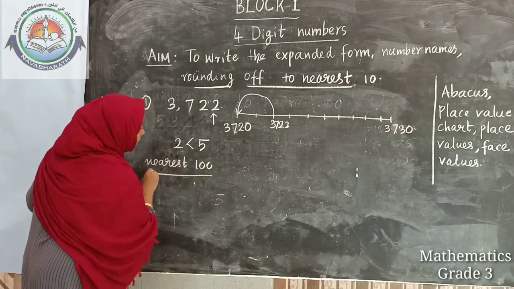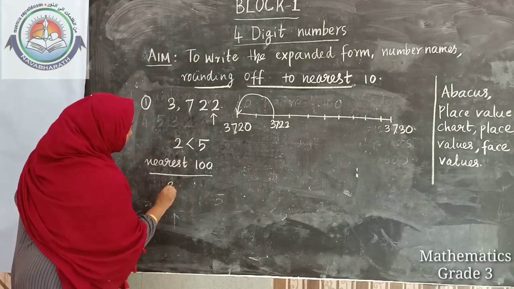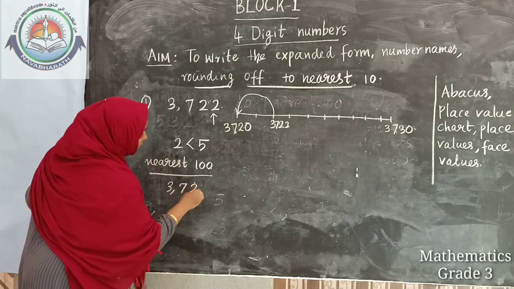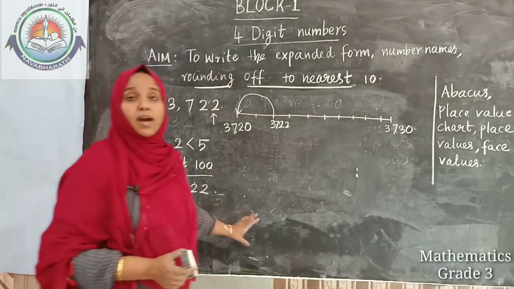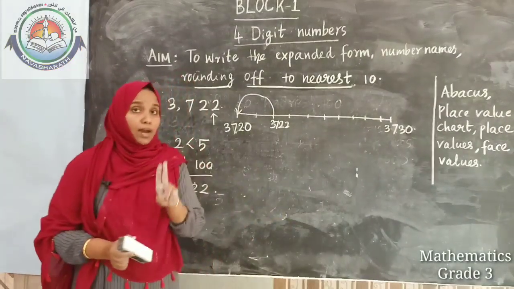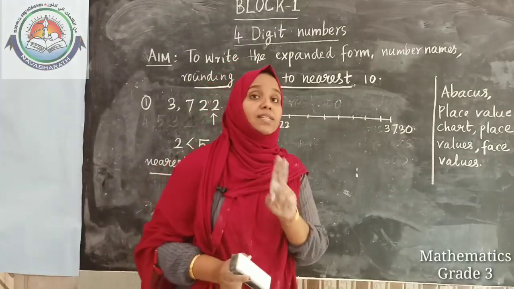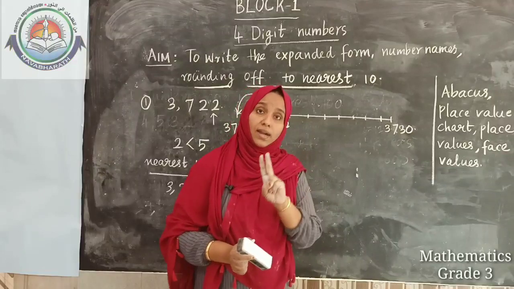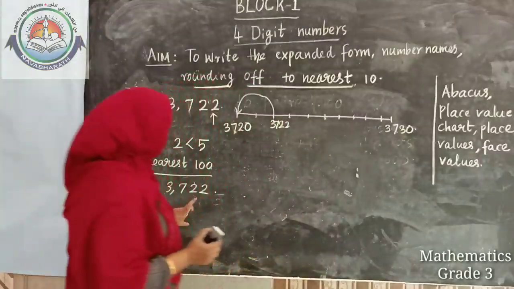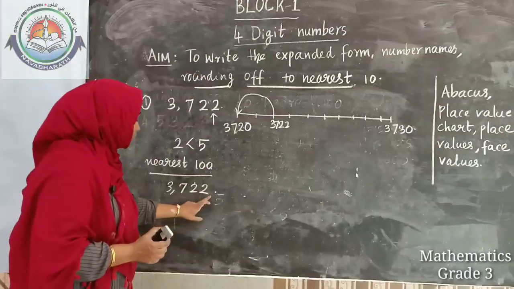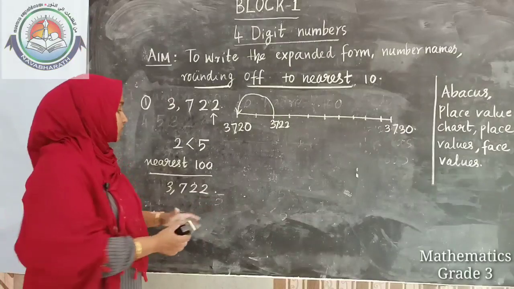The same example, we can take the same number, that is 3,722. Rounding off to the nearest 100 means that the number ends in 2 zeros. We know 100 has 2 zeros. This number ends in 2 zeros.